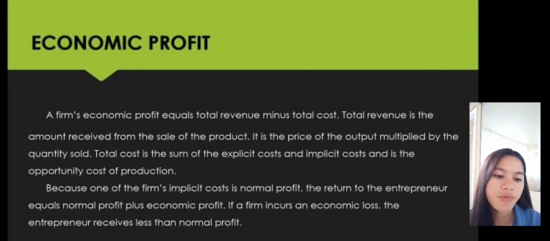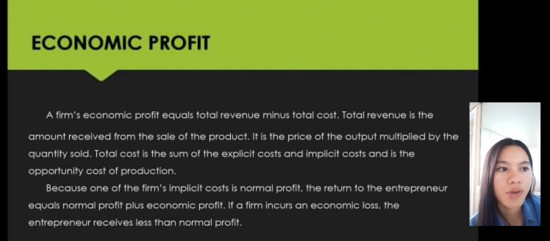Because one of the firm's implicit costs is normal profit. The return to the entrepreneur equals normal profit plus economic profit. If a firm incurs an economic loss, the entrepreneur receives less than normal profit.